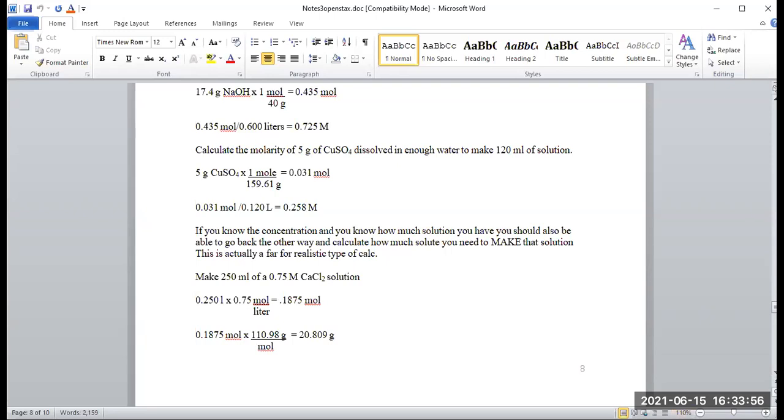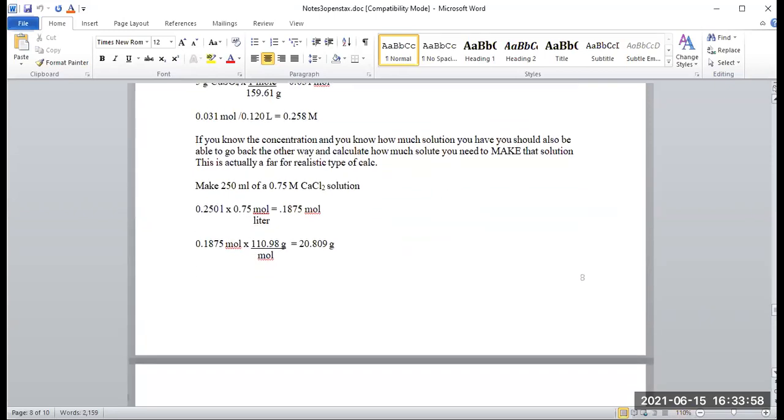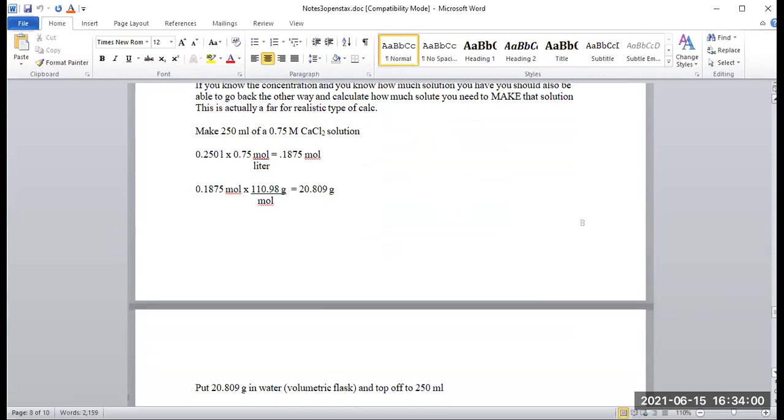All right, going back in the other direction. What if you knew what your end goal is, but you didn't know how many grams you needed to weigh out? When I prep solutions for lab, which I sometimes do, I need to do this kind of calculation to figure out how many grams I'm weighing out on the balance before I add it to the liquid.